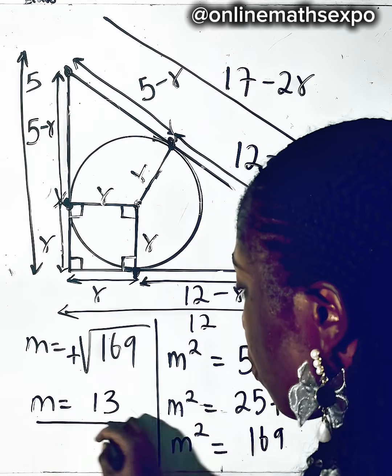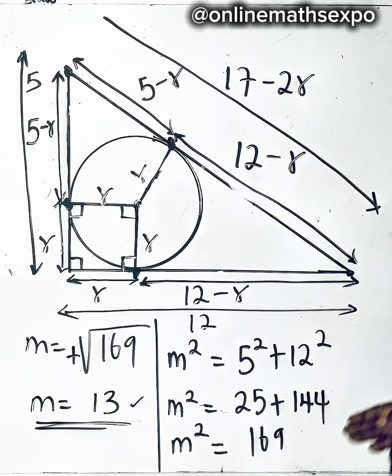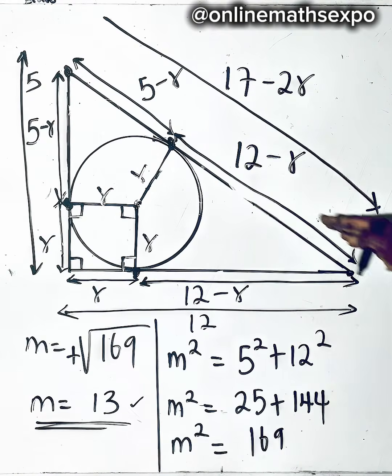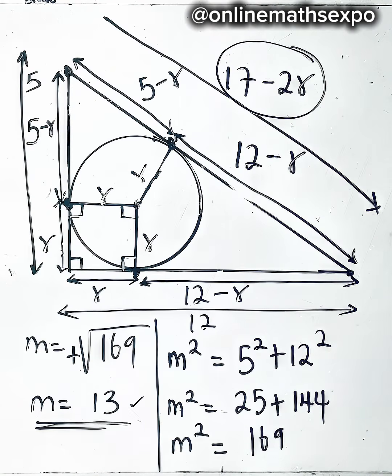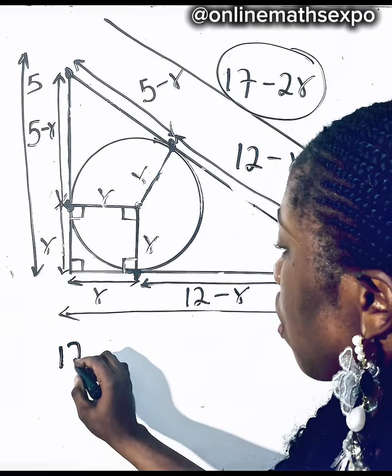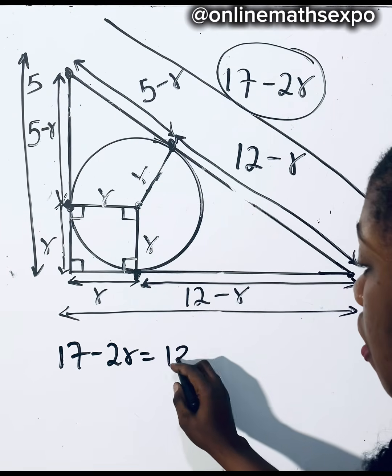So the m we have is 13. And remember that your m is this longest side. So now that you know this longest side is 13, remember that it is the same as what you have gotten here. So it means that 17 minus 2r is equal to 13.